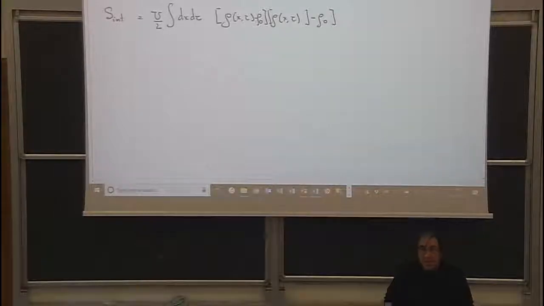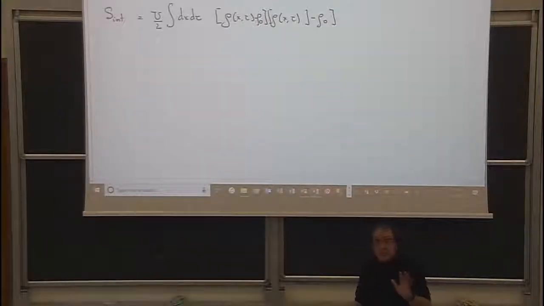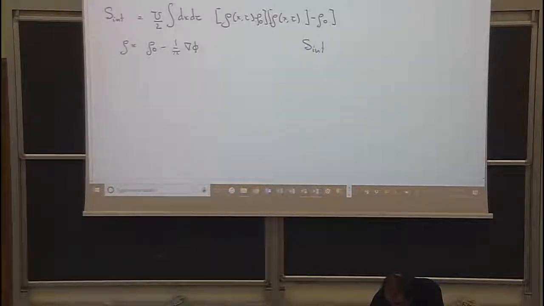Now I use my dictionary, and I use the same prescription. I throw away the oscillating term. But now my rho is rho 0 minus 1 over pi grad phi. So you see that the interaction action is u over 2 times the integral over dx. This first term is minus 1 over pi grad phi. The other term is minus 1 over pi grad phi. So I get minus 1 over pi square grad phi square.